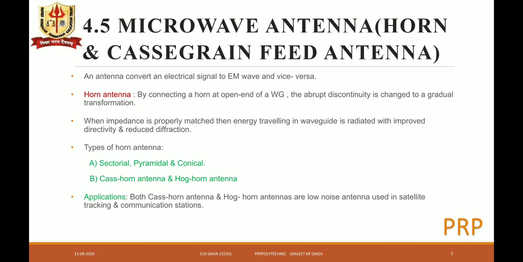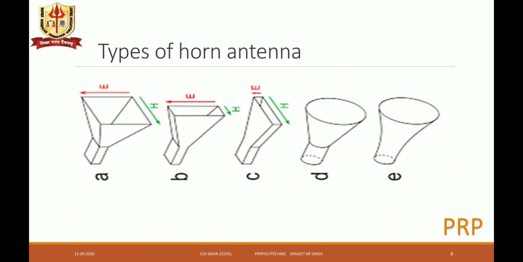Exponential type is also there. The second classification is Cass horn antenna and hog horn antenna, based on the feed mechanism. Both are low noise antennas used in satellite tracking and communication stations. Here we see the different horn antenna shapes.